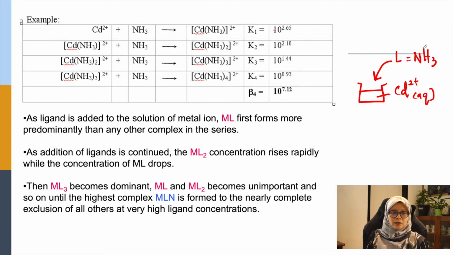We add on the ligand, NH3. When we add the ligand to the solution of the cadmium metal ion, ML first forms more predominantly than any other complex in the series.